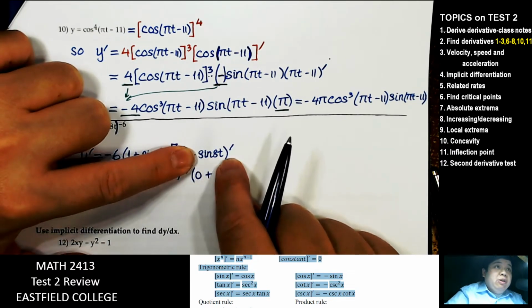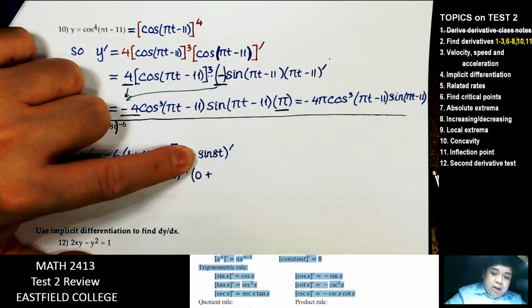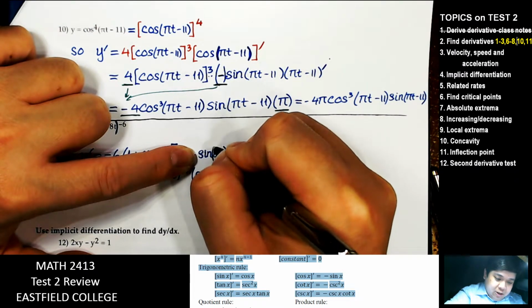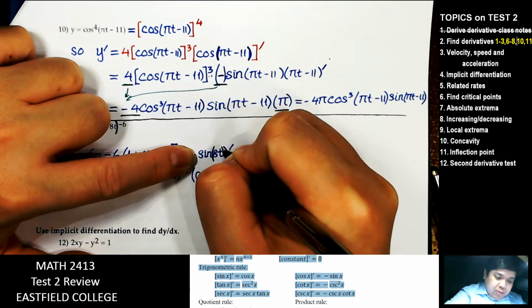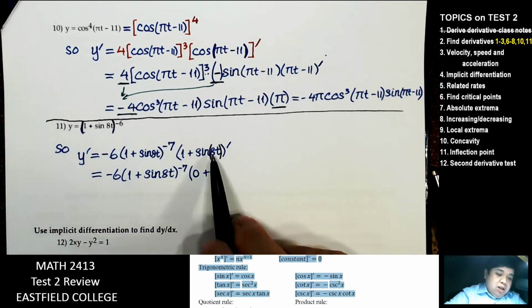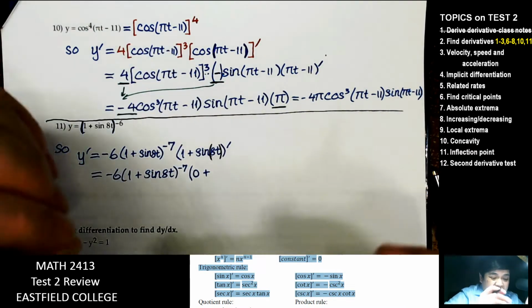And now we take the derivative of sine at. For this you actually have to put in another parentheses, because in the formula we only have sine of t or sine of x, and this one has 8 of them, so it's a little bit different.